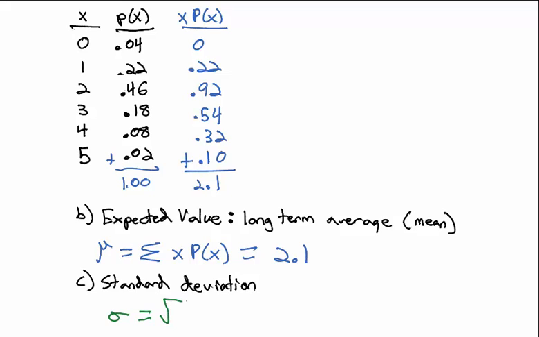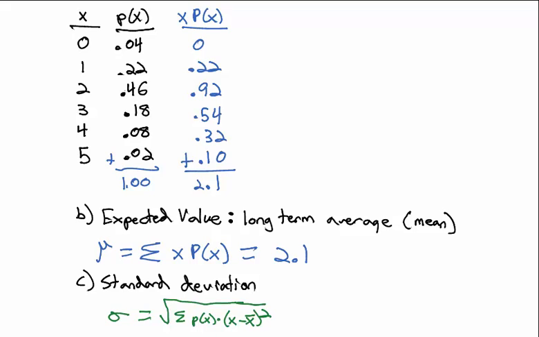The standard deviation is the square root of the sum of the probability times the difference between x and mu, squared. Notice this looks a lot like the standard deviation formula for a frequency. The probability is the relative frequency of that event, so it makes sense that they're related to each other.